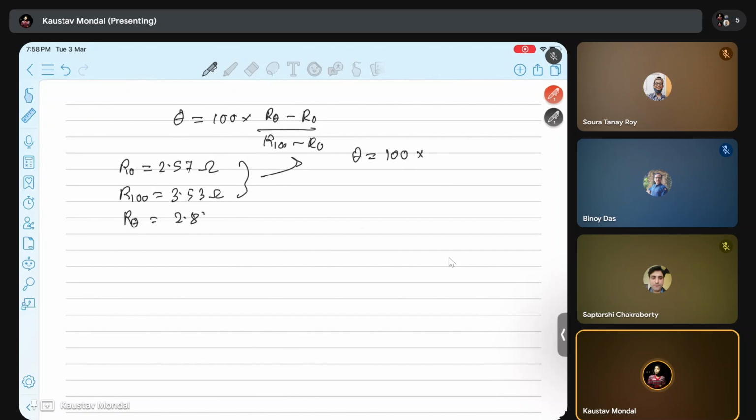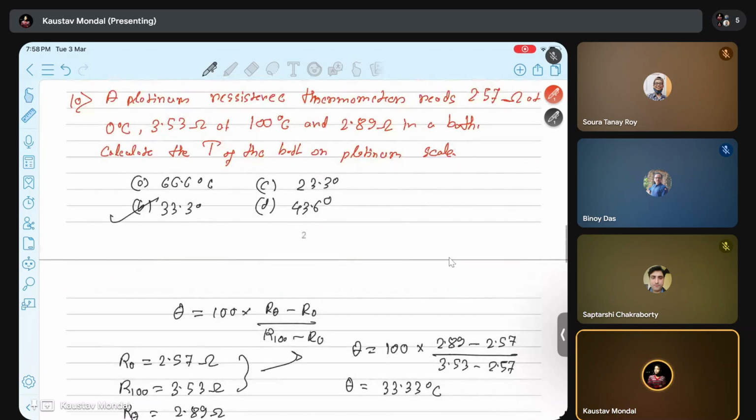Theta would be 100 into 2.89 minus 2.57 divided by 3.53 minus 2.57. That gives you theta as 33.33 degree. Okay. Answer will be option B.